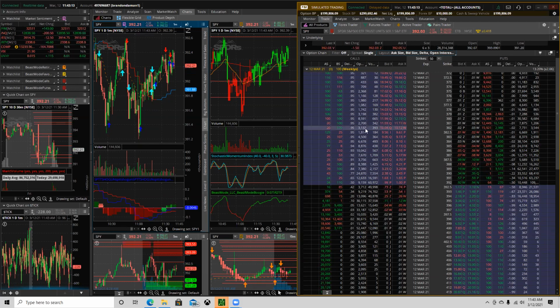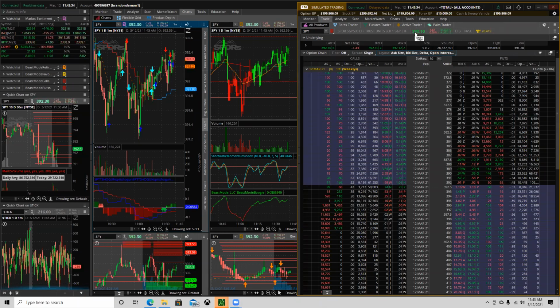So if calls are determined if the price moves up, if you come to the 392 bag of chips, our box is now purple, and this can change. So if you come up here to our share price, if the share price is 392 and higher, that 392 call will be shaded and considered in the money.